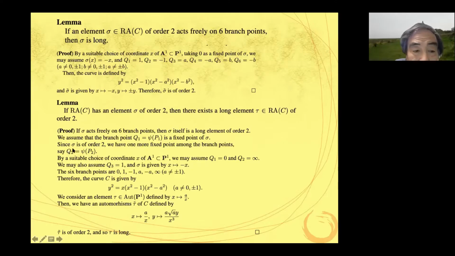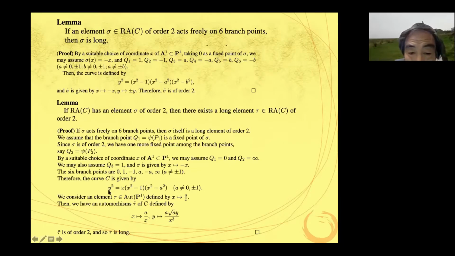So say Q2. Then by suitable choice of X, we may assume Q1 is 0 and Q2 is infinity. And sigma is given by like this. We may assume sigma is given by like this, and Q sign is equal to 1. Then the 6th branch point is given by like this.